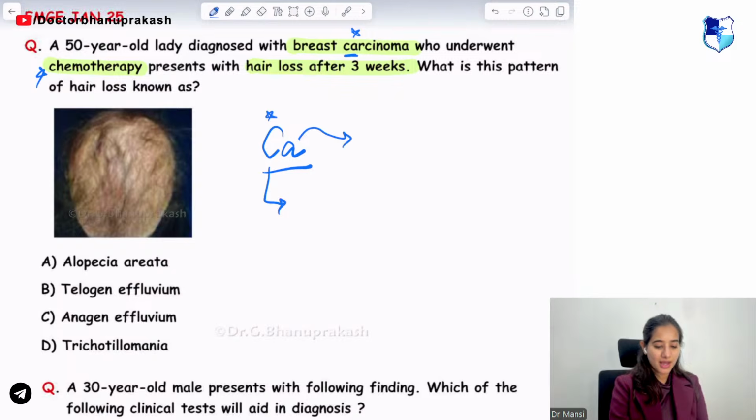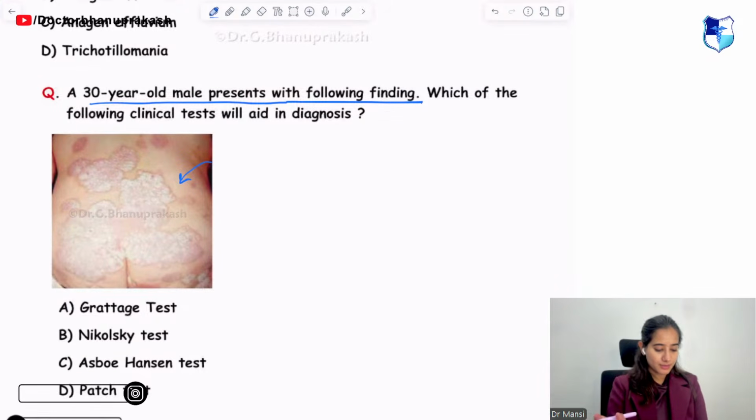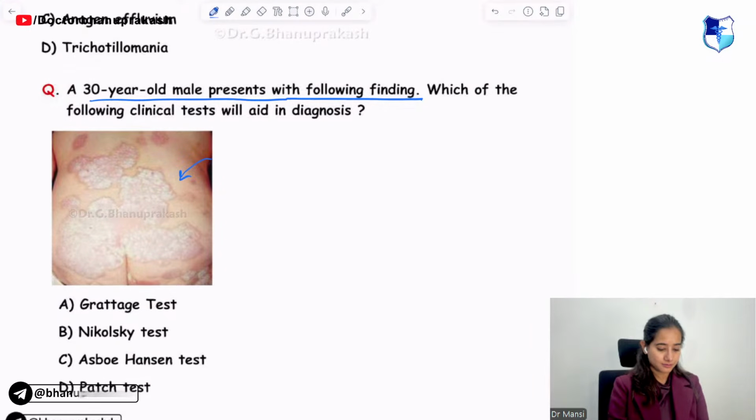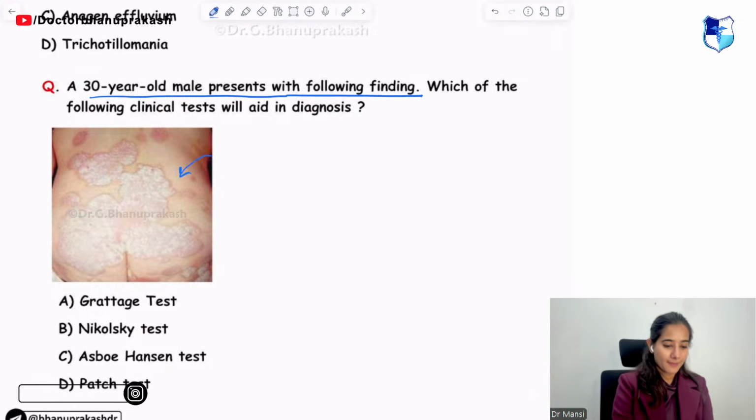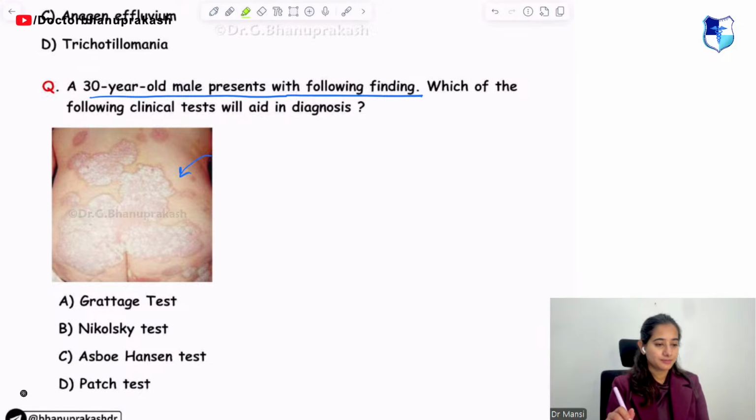So A is for anagen effluvium. Now the diagnosis: is it A, B, C, or D? Is it the Grattage test, Nikolsky test, Asboe-Hansen test, or patch test? Anagen effluvium was the answer for the question which we just did. I'm waiting for your response for this last question.